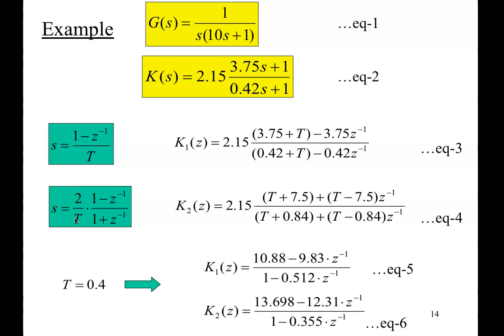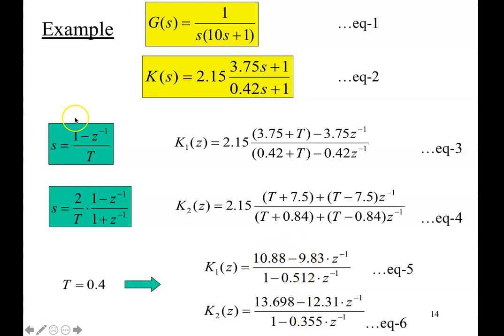I replace s in this equation and end up with this equation. Replace this into equation 2, this s and that, and I end up with that equation. Put the T values in.